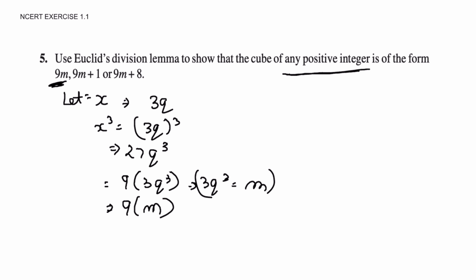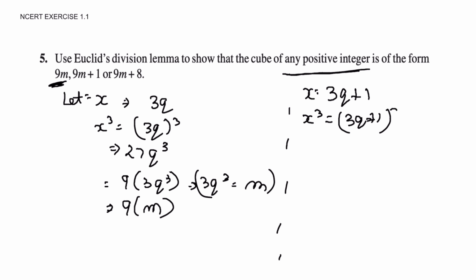Great. Now if I put x as 3q plus 1, and take a cube on both sides once again, this becomes 3q plus 1 whole cube. Now x cube becomes 27q cube plus 27q square plus 9q plus 1. Now let's take 9 out of it because that is how we are going to do it.